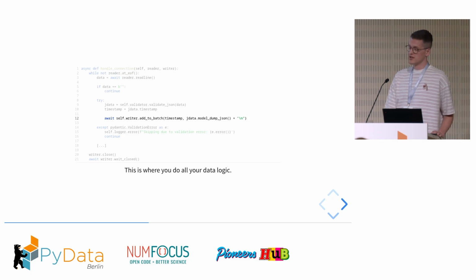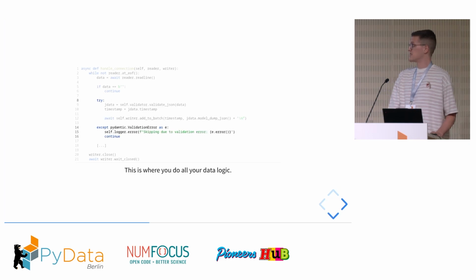So the timestamp here is being used for partitioning, but that is abstracted away in the async batch writer. Usually some kind of partitioning is required if you want to go from streams to batch, because you need to have units of data that you can work with. And this is basically where you do all your data logic.